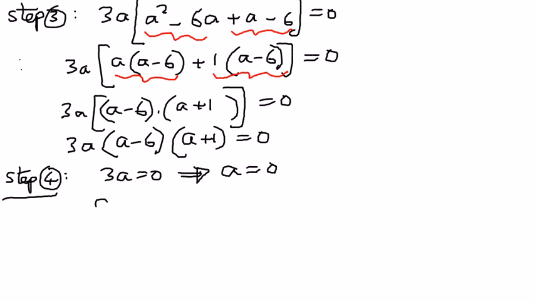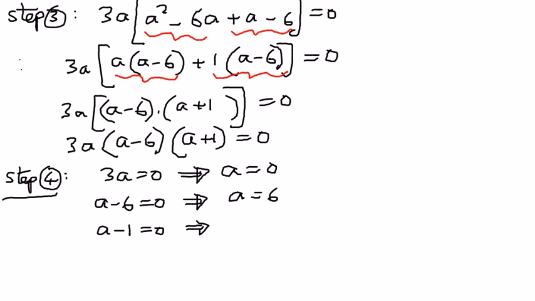The second one, a minus 6 is equal to 0. From here, if I were to add 6 on both sides of the equation, the negative 6 and positive 6 cancel out, therefore I'm left with a is equal to positive 6. And then the third expression here is a plus 1 equals 0.